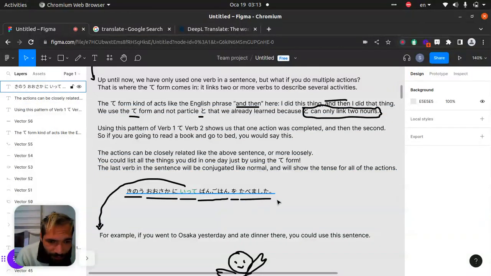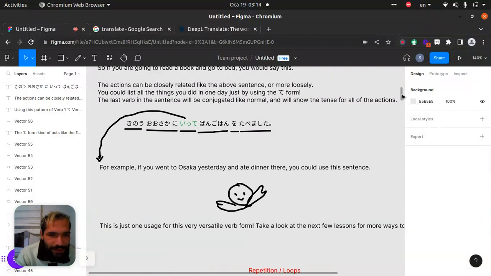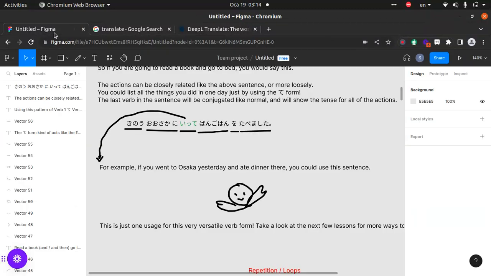As I mentioned before, we just ate something after having dinner. First we went to Osaka, and then we had some dinner there. Yes, I think bangohan is dinner.